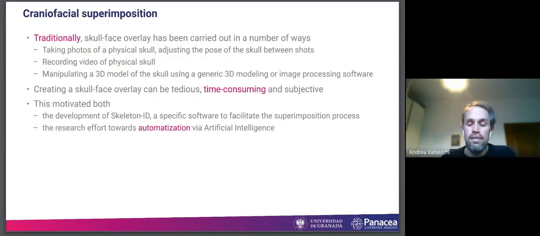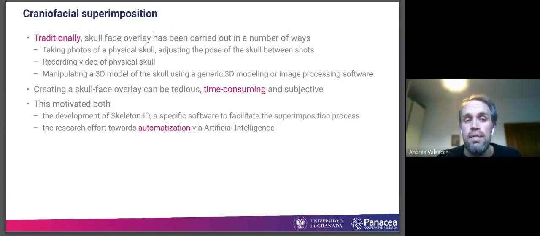Then this technique was replaced through the use of a video camera that allowed the operator to look at the final image while adjusting the position of the skull. And in more recent years, instead of manipulating the physical skull, an operator will use a 3D model of that skull inside a computer using 3D modeling software.